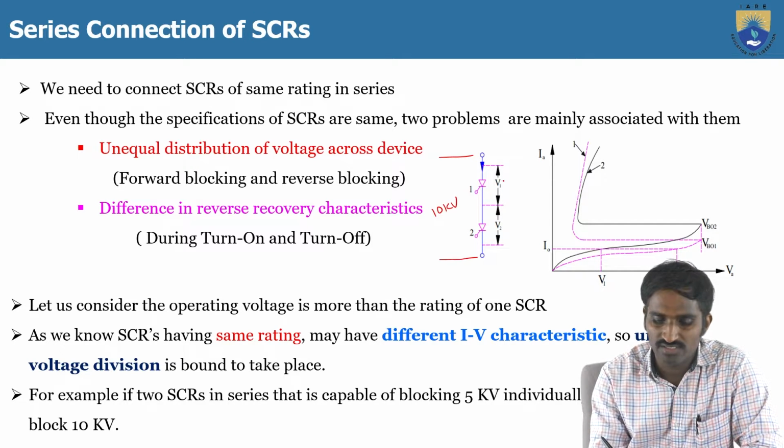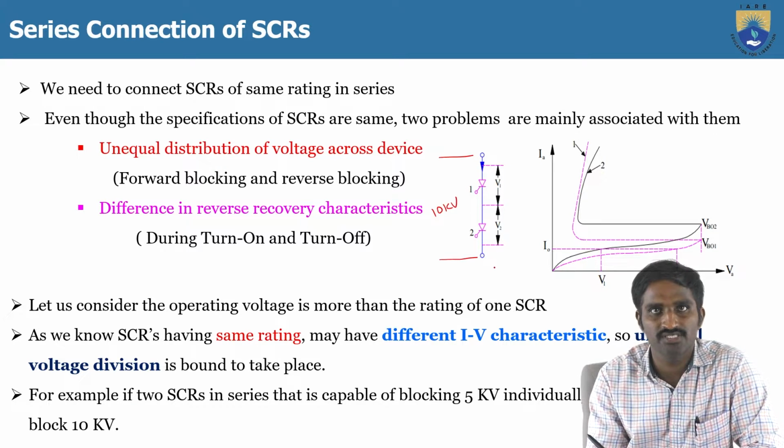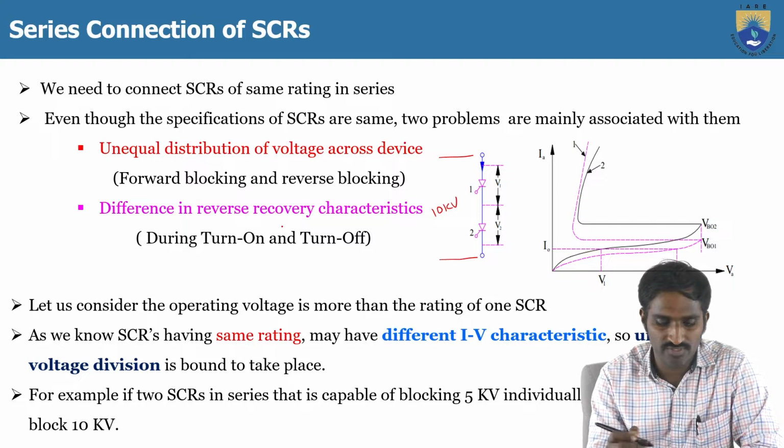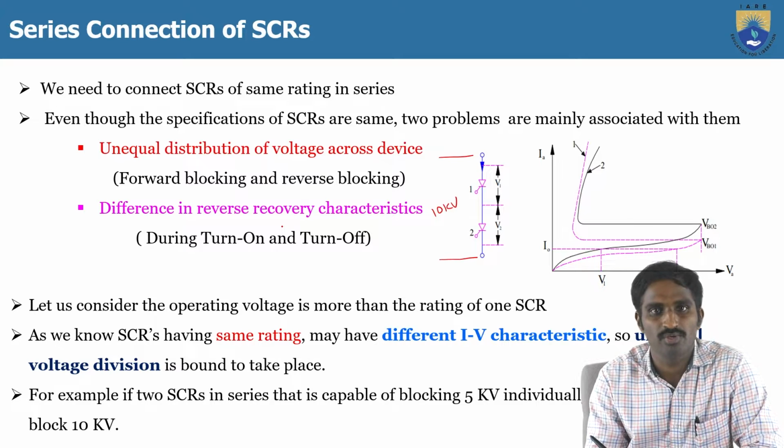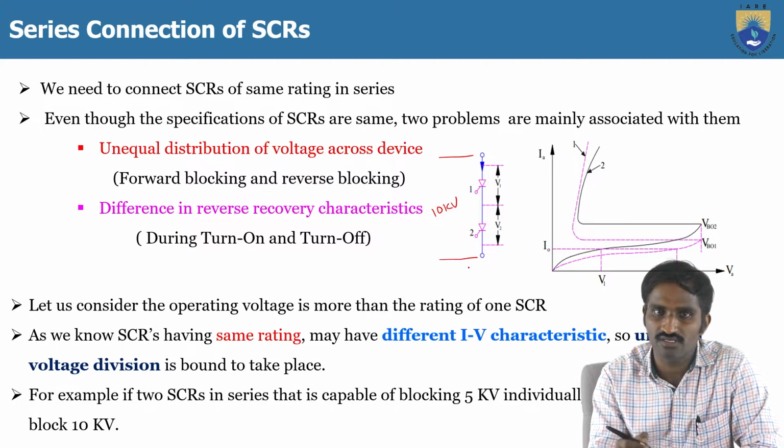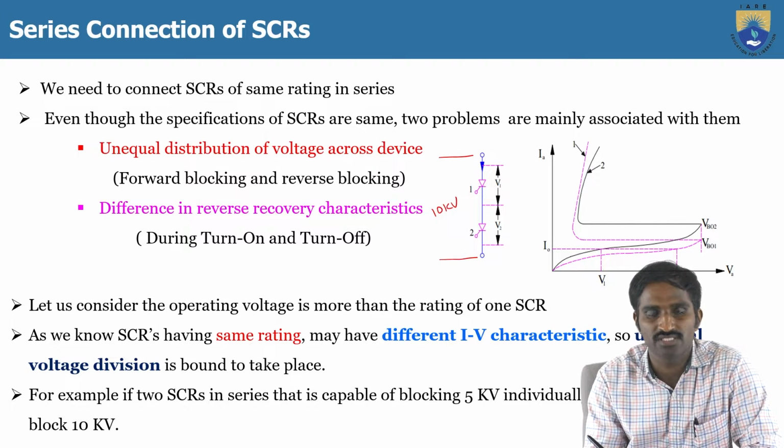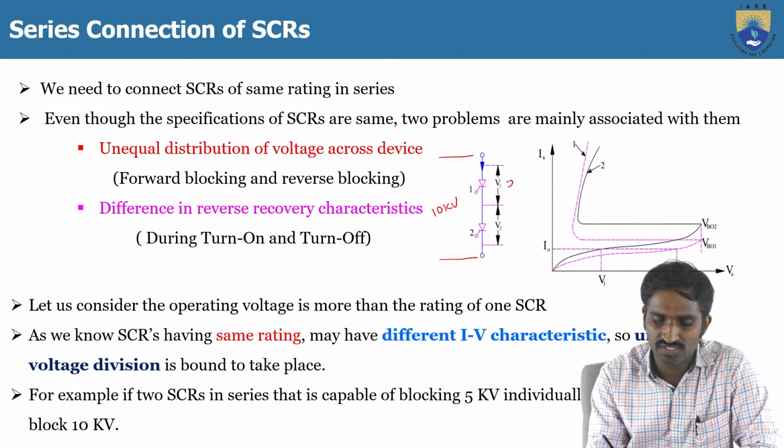If we overcome the first problem, with equal distribution of voltage across the devices, then with respect to the second problem, if the turn on and turn off of thyristors T1 and T2 is not at the same time, here this is 5 kV and here it is again 5 kV.